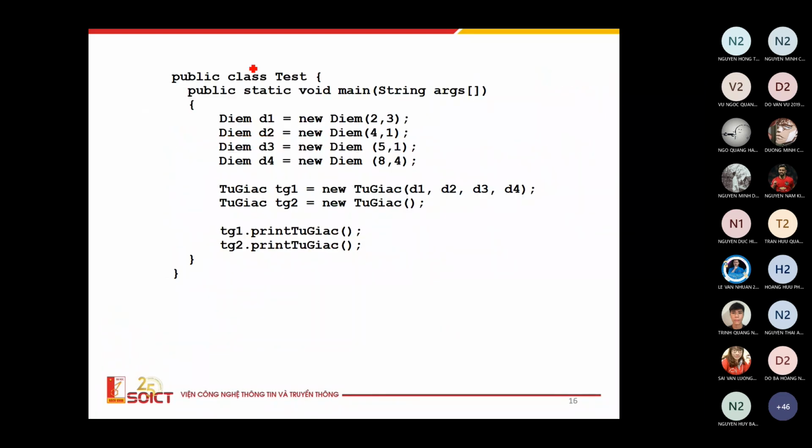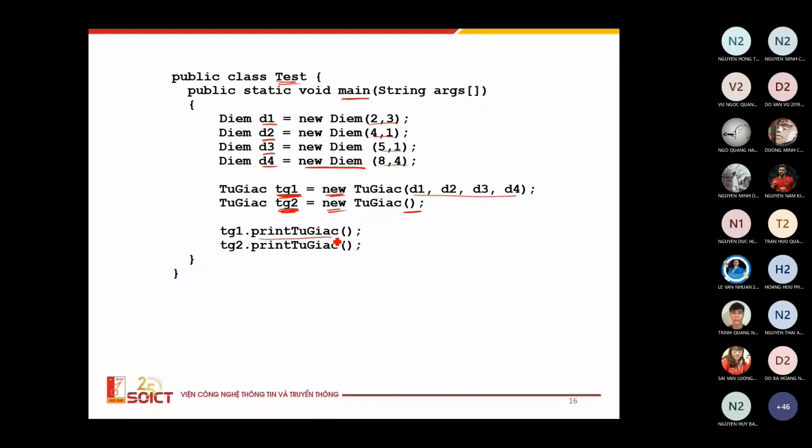Yeah. And finally, we have the main method. You create D1, D2, D3, and D4 as new objects of the class điểm, with coordinates like this. And then you create two objects of the cut angle with the new operator and different input for the constructor.